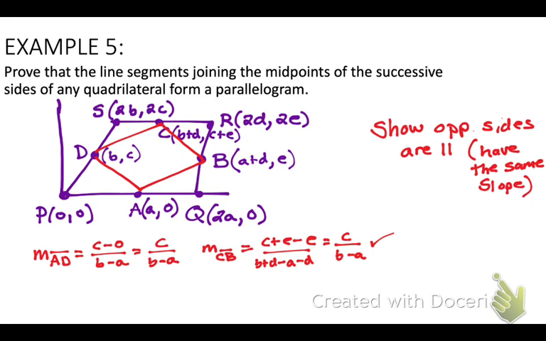Do the same thing for your other two line segments. My slope of DC is going to be c minus c plus e, so distribute that to a negative e, all over b minus d. So it looks like we get negative e over negative d, which is e over d. And then do the same thing for AB.